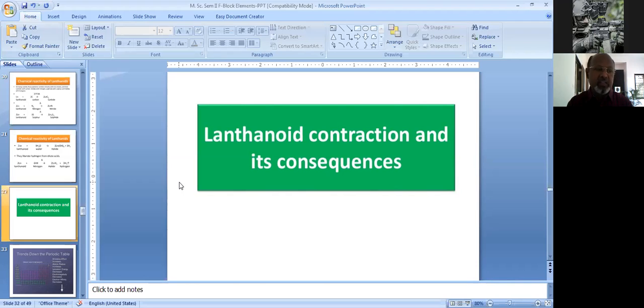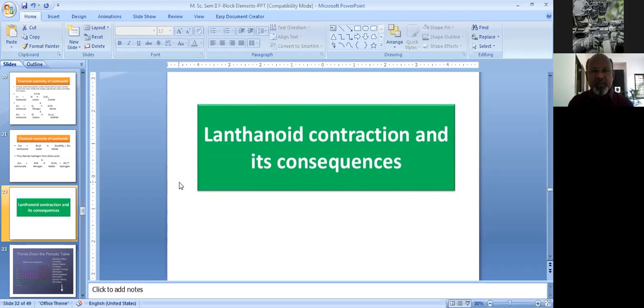If atomic size decreases, the consequence of this lanthanide contraction is that it is very difficult to remove electrons from the small ion or atom, because these electrons, which are very near to the nucleus, are very tightly bound. Hence, to remove such tightly bound electrons, a high amount of energy has to be supplied, what we call the ionization potential or ionization energy.